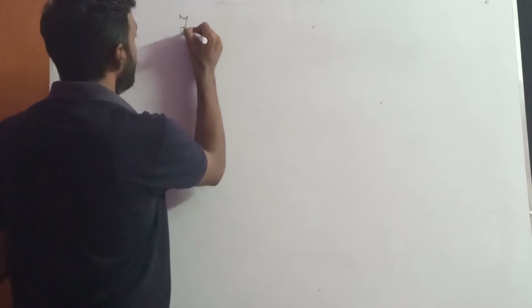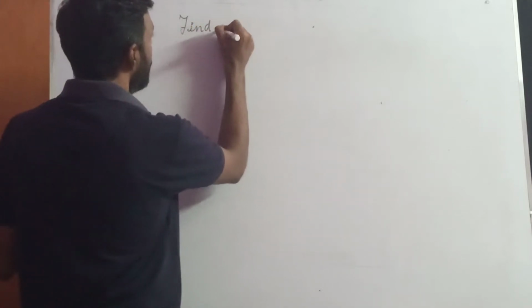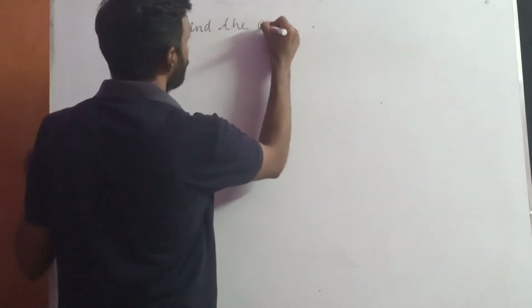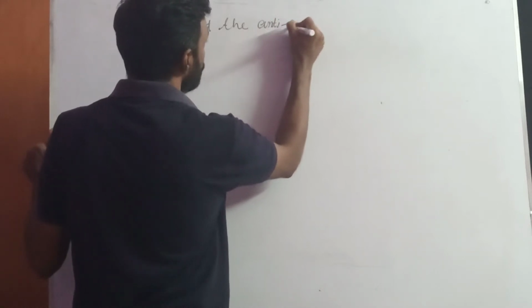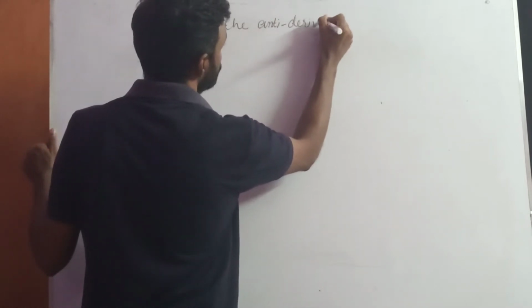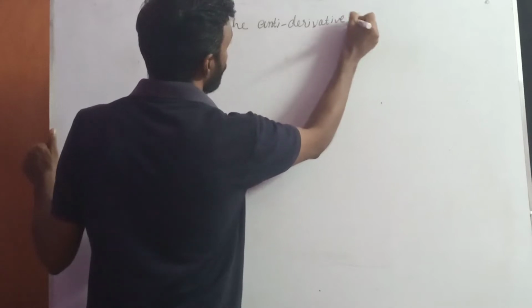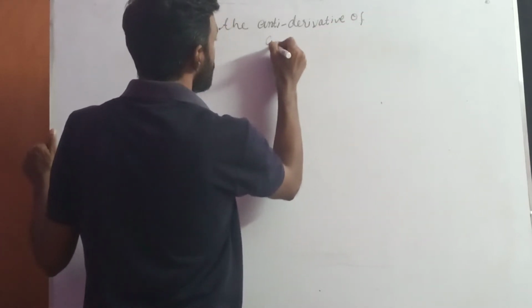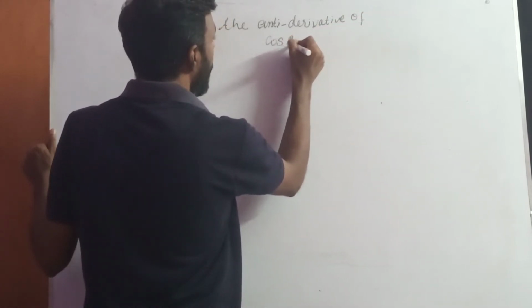Find the antiderivative of cos 2x. You need to find the antiderivative of cos 2x.